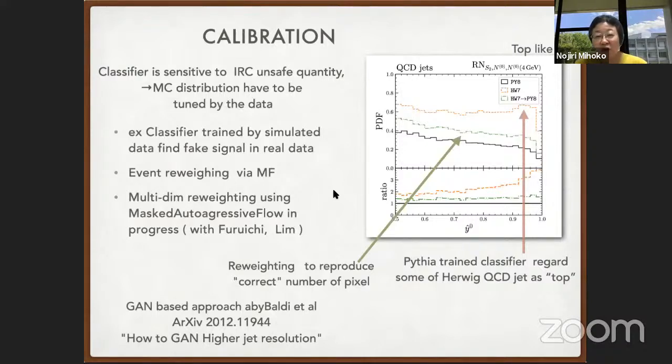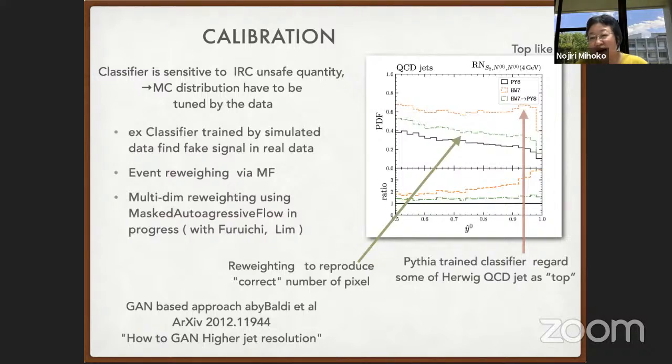This orange dotted line is where I trained the network using Pythia and fed a Herwig event, and then if you go this way, the network result is more like top. So you can see that the network finds some of the Herwig QCD events to be very much top-like.